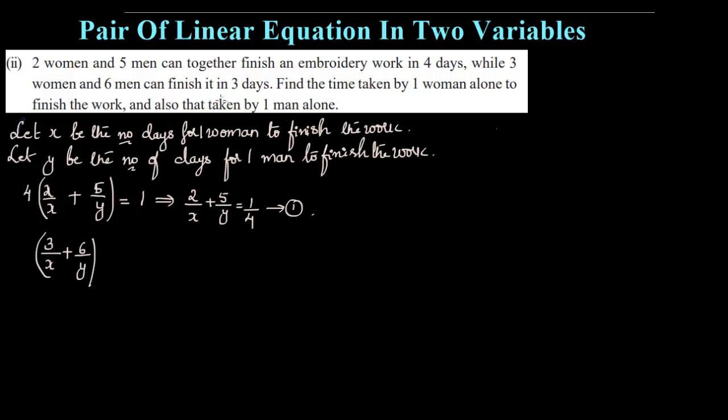They are working for 3 days, so multiplied by 3. And together this many women and this many men are working for 3 days for completing one single work. So here also you are equating that with 1. Now let me simplify this: 3 by x plus 6 by y is equal to 1 by 3. So this is your equation 2 now.